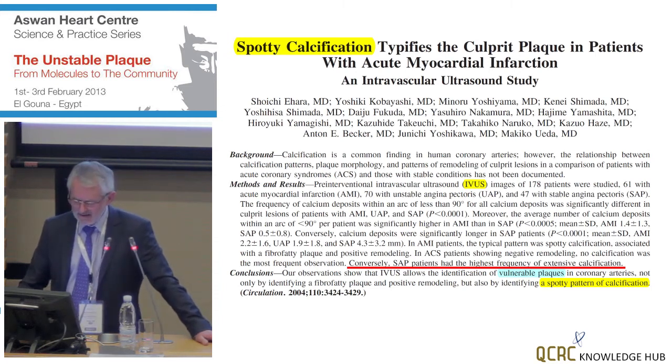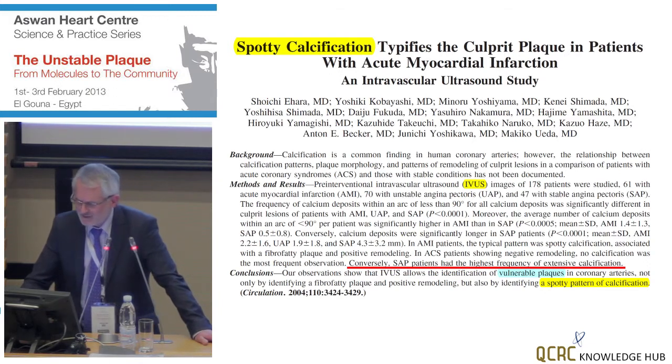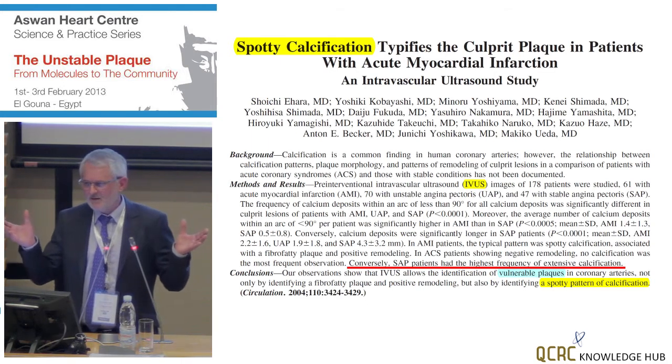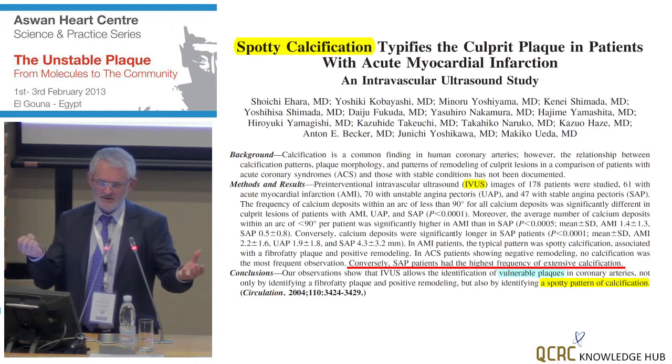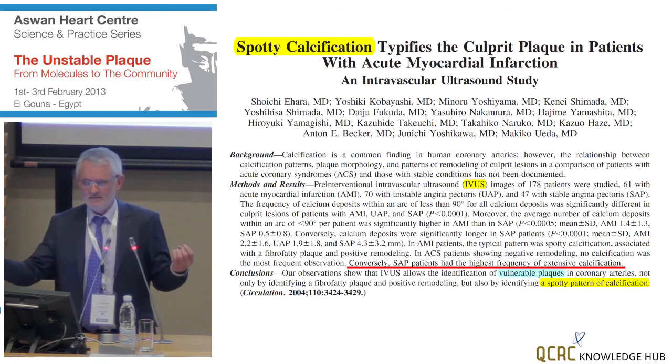In contrast, stable angina pectoris patients had the highest frequency of extensive calcification. So here you have two different patterns of calcification that may be important for the fate of an individual lesion: spotty calcification indicating a high-risk lesion, and dense calcification that may indicate a stable lesion.